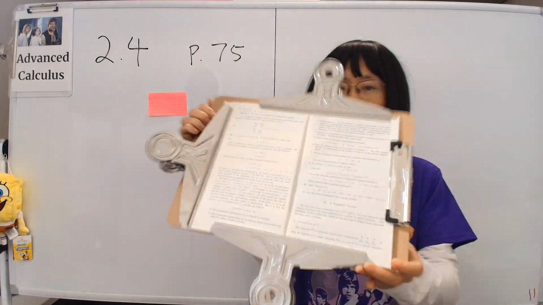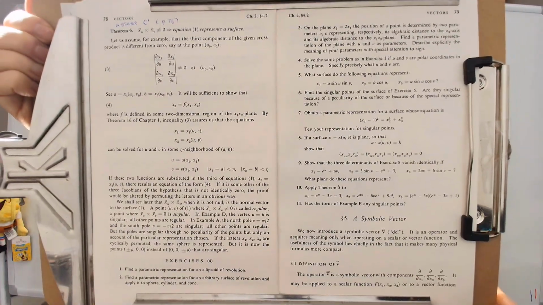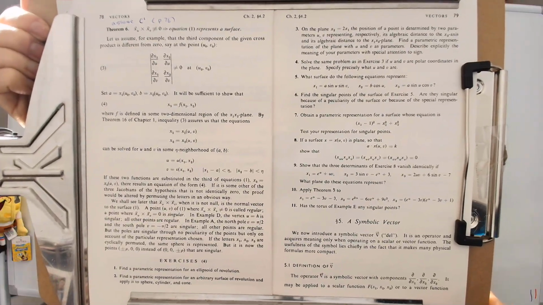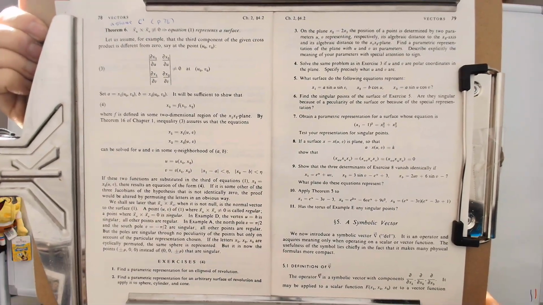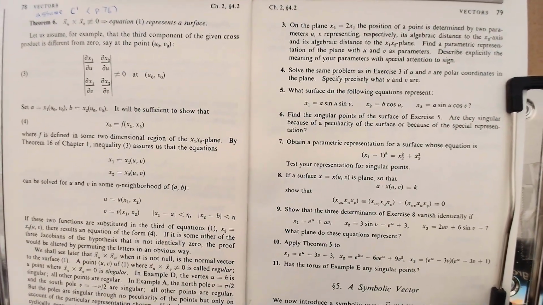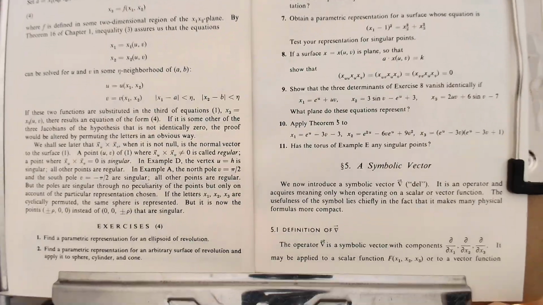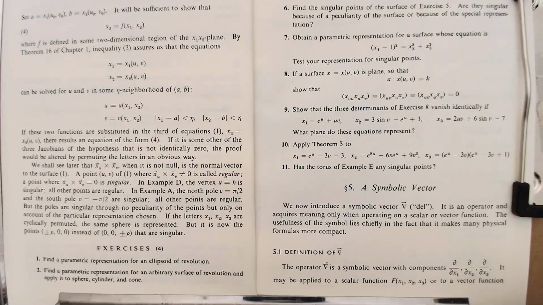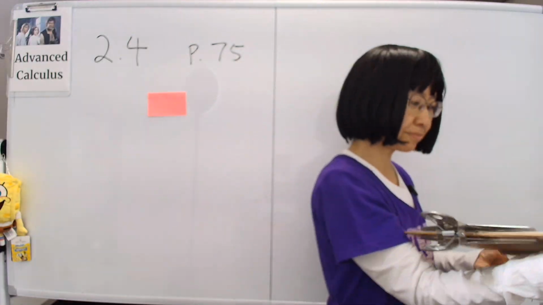Finally, 78 and 79 is a fairly short section. Let's see, I hope you can see that okay. All right, and then a little closer on top, and a little bit closer on the bottom. Okay, that should do it.